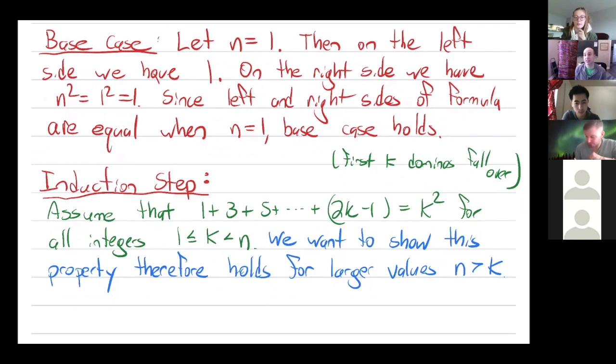Okay, so now we want to show that this is going to hold for larger integers, for n bigger than k. So we've got the first k dominoes falling over. Now we want to show the next ones fall over.